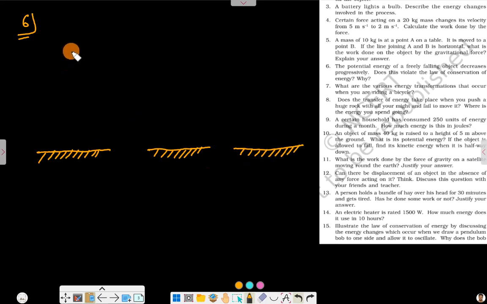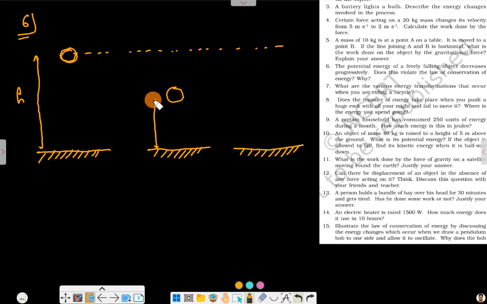Suppose in the starting the object is here. So let us consider in the starting the object is at some certain height, and that height is h. Now let us draw it over. After some time that object has reached here.